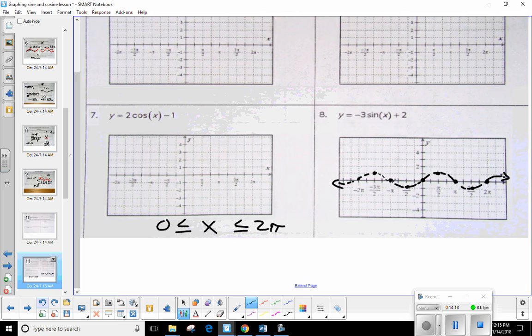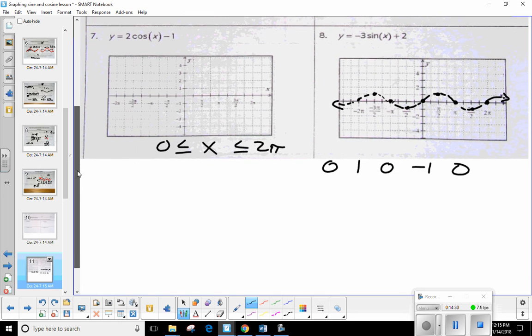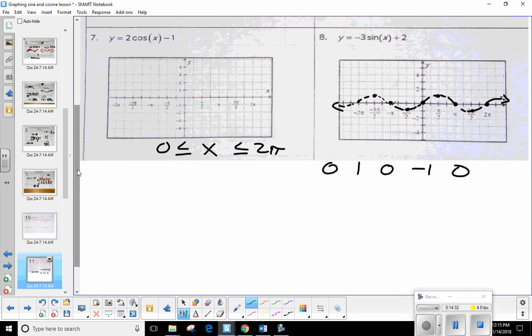Okay. Now let's go to the critical values. What are the critical values for sine? Okay. Now, is there anything that's changing them? Okay, so we are adding 2 and what? There you go. And it's just like your order of operations. We know those are vertical, so they have to apply to the critical values because they're outside the parentheses.